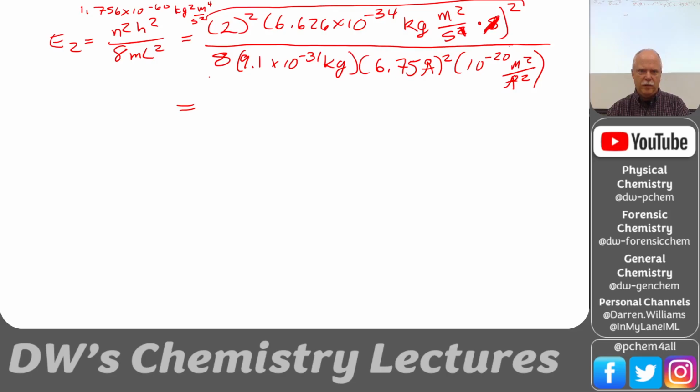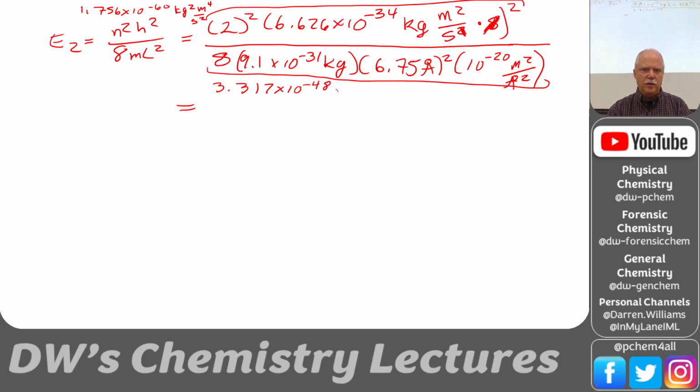Okay, I'll have to check my work. All right, so for the denominator, I'm getting 7 times 10 to the minus 48.